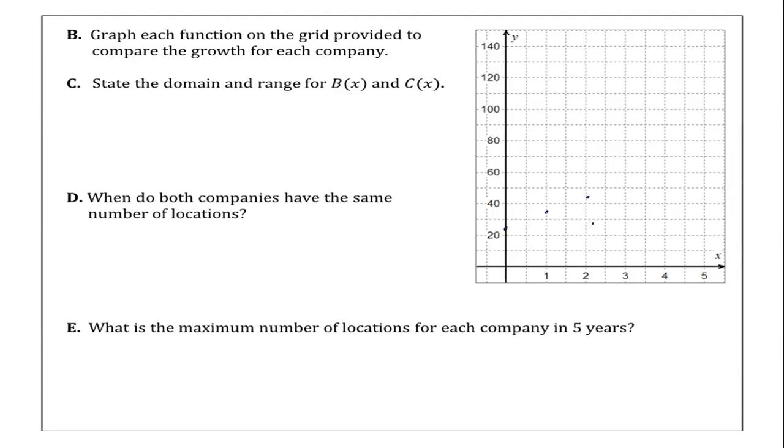I'm doing the linear first. 2, what was 3? 55. And 4 was 65. All right. I'm going to make the world's straightest line by concentrating. All right, so there's my linear. And this is for my b of x.